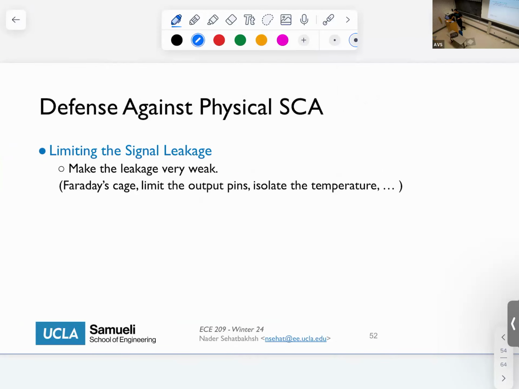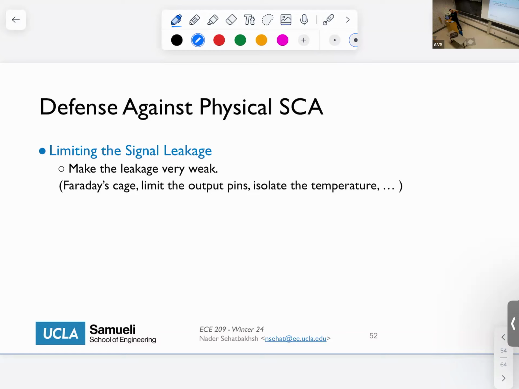The other thing is that, of course, we make the leakage go away. For example, if you have what's called a Faraday cage, a metal layer around your device, then there won't be any electromagnetic signals going out.